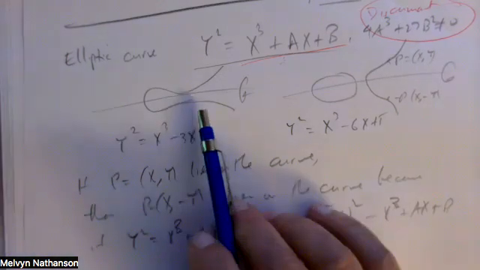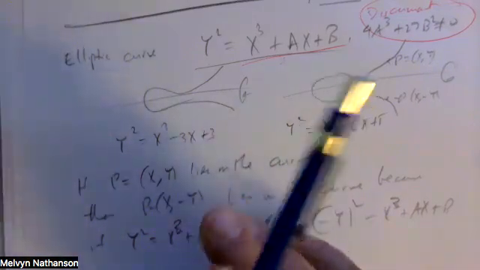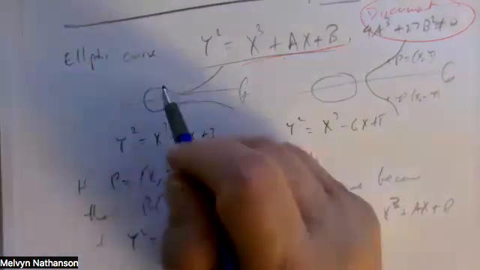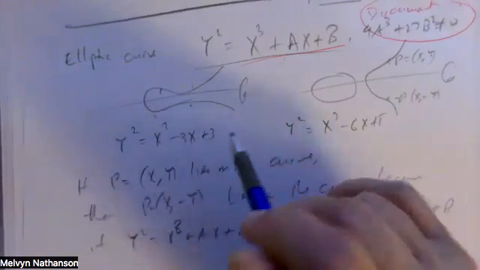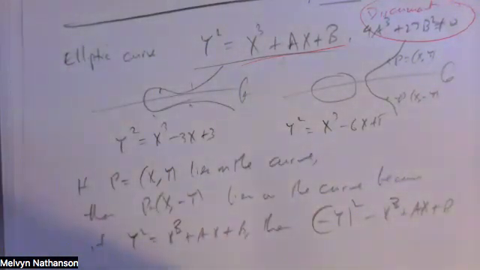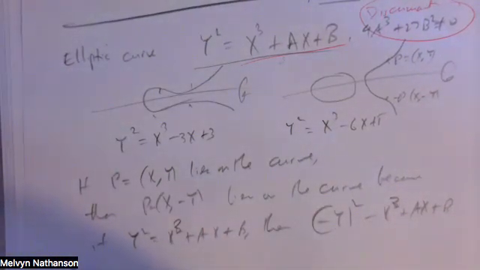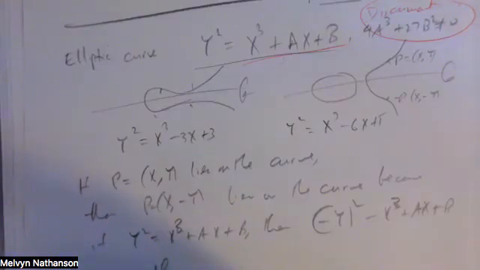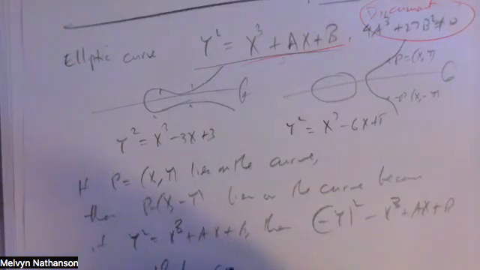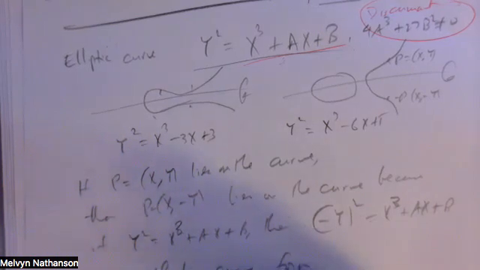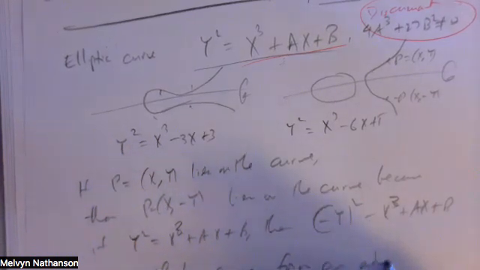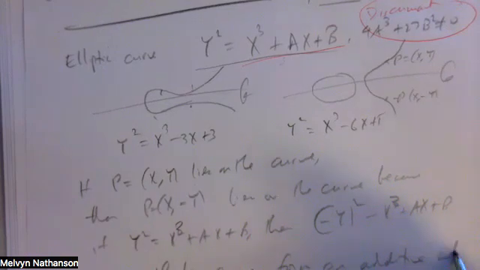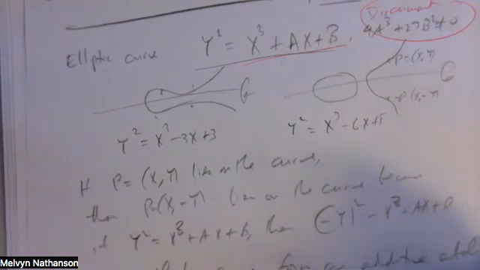So what is the point of this curve? The point of the curve is that there's a way to take the points on the curve and add them. So the points on the elliptic curve form an additive abelian group.